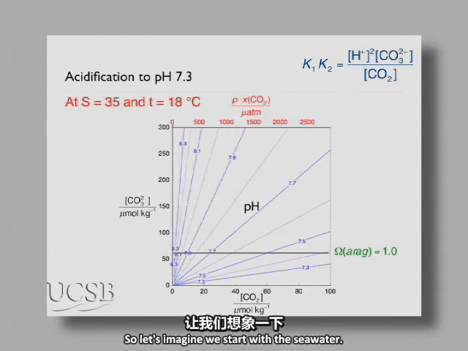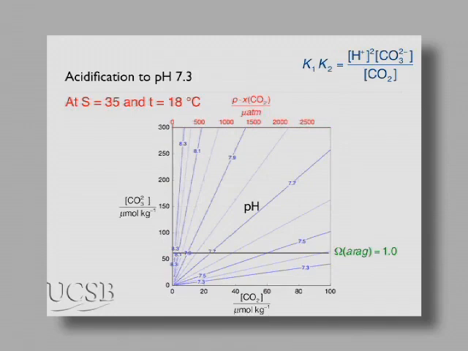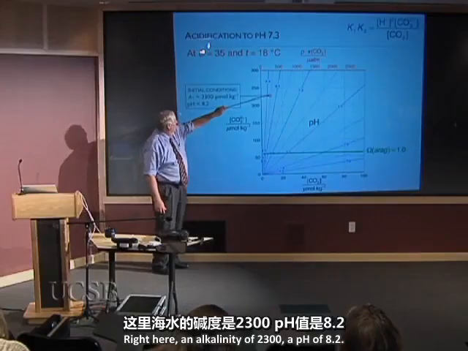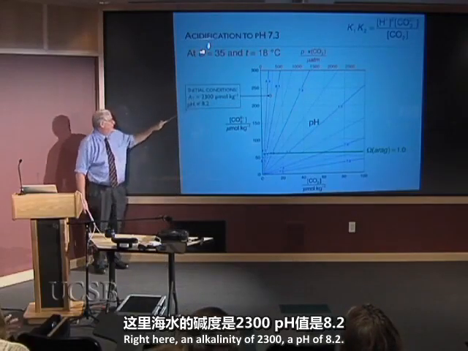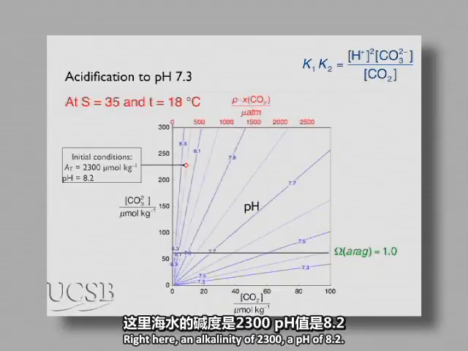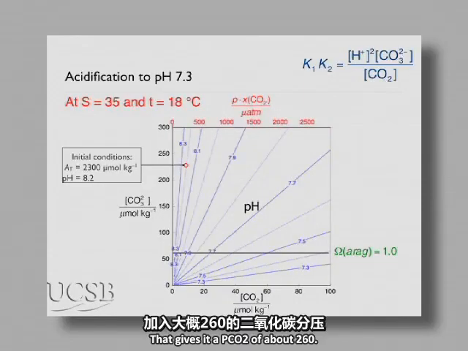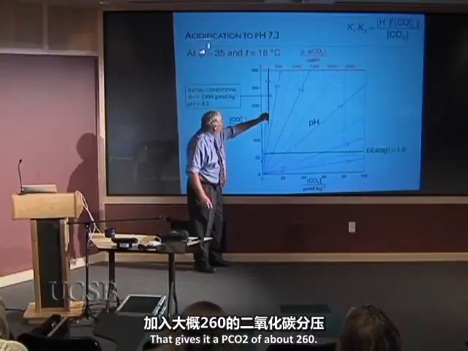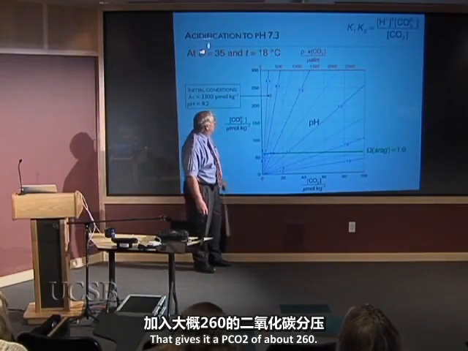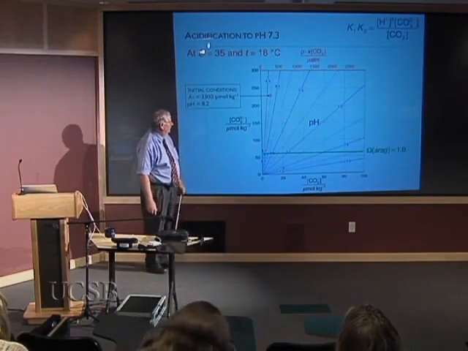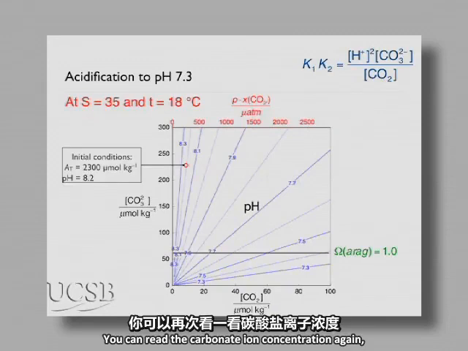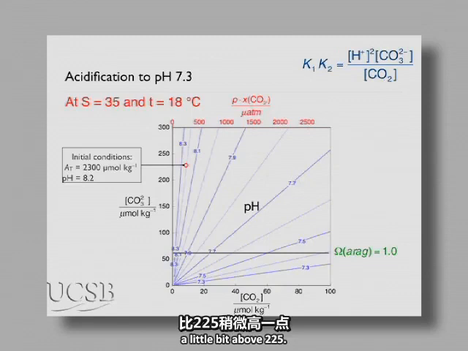So let's imagine we start with this seawater right here. An alkalinity of 2300, a pH of 8.2. That gives it a PCO2 of about 260. You can read the carbonate ion concentration again, a little bit above 225.